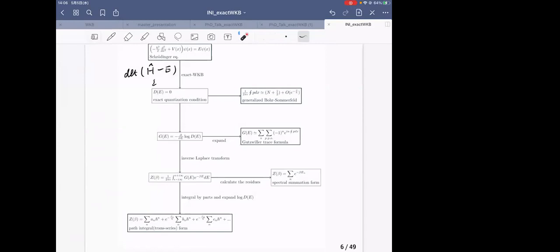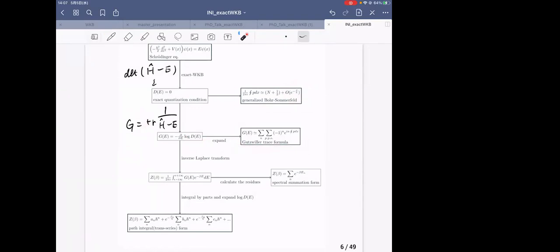And this exact quantization condition is essentially the same as the Bohr-Sommerfeld quantization with non-perturbative part. And taking the logarithmic derivative of this D, then this G becomes the trace of the resolvent of this system. And this G actually gives the Gutzwiller trace formula of the system.